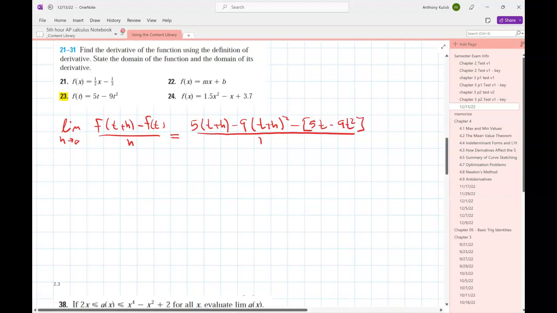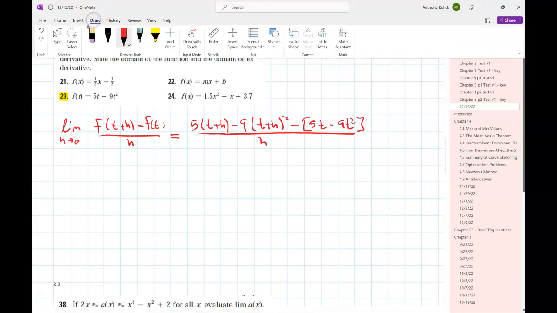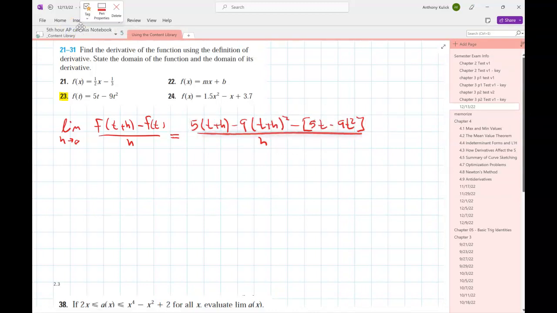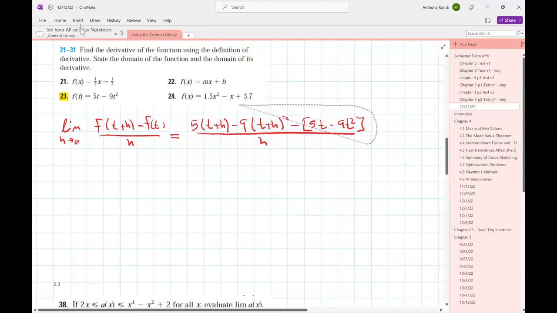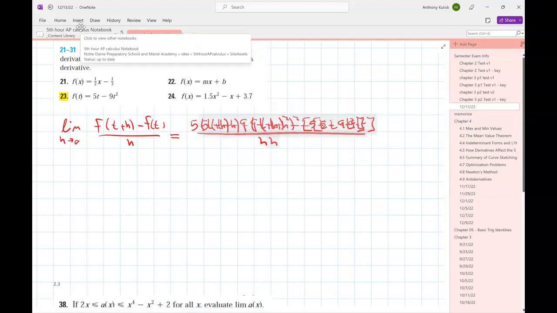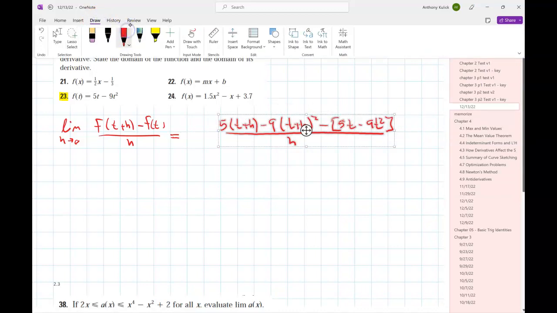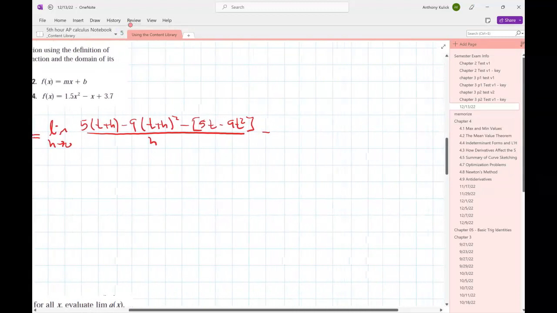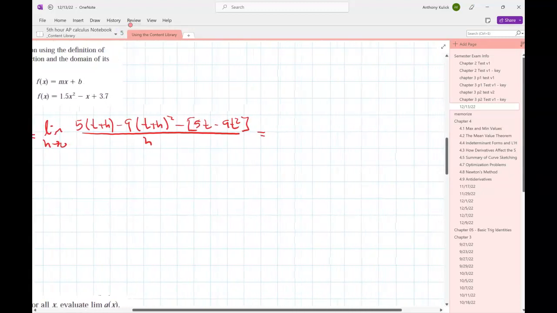And uh-oh, Mr. Kulik got sloppy, made a little mistake. Because he forgot his limit. So I'm going to go ahead and simplify things down. So I'm going to distribute the 5 through.